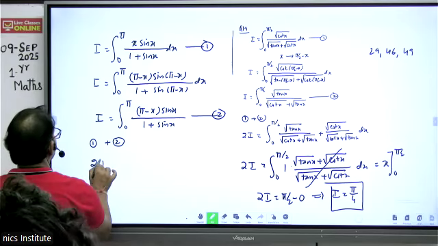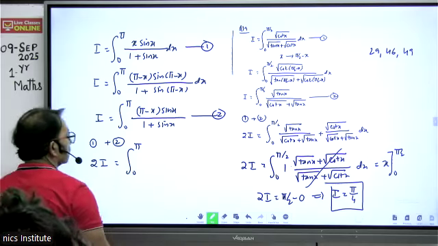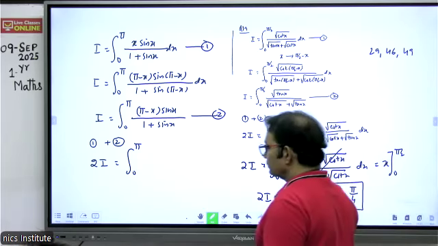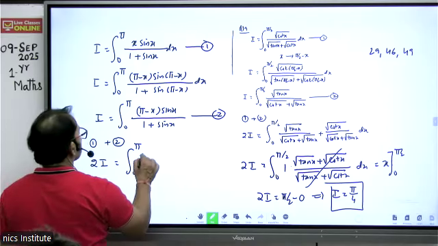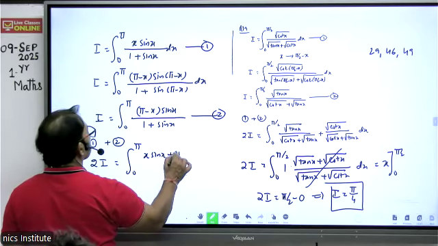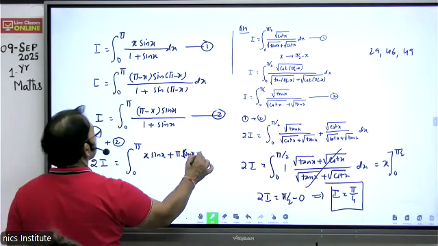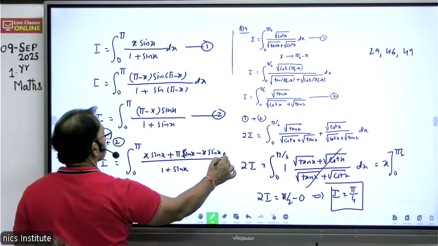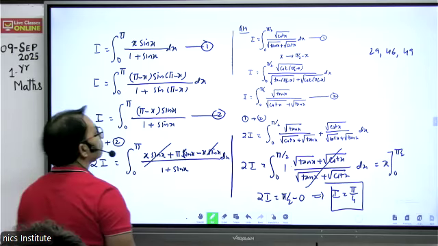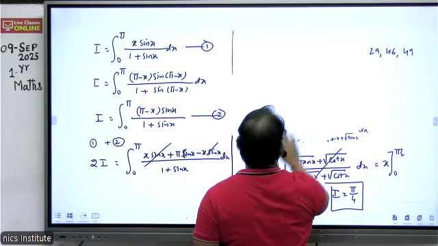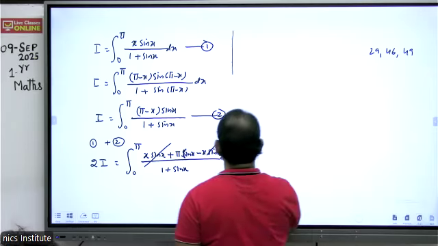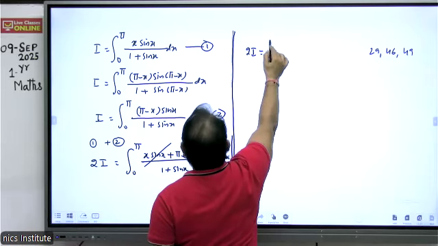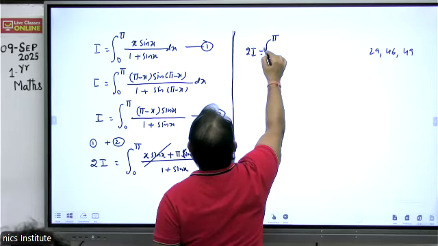Adding 1 and 2, same limits, so you add them. Pi you can take out.